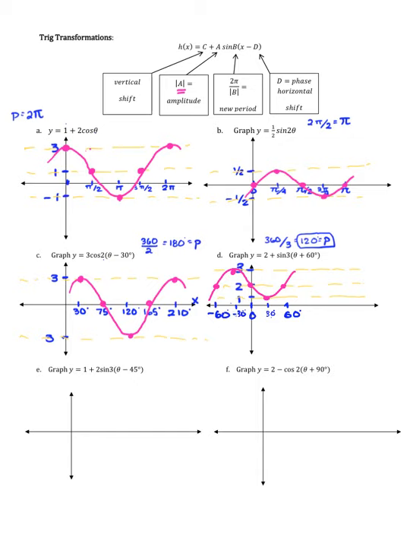So down here, we have 1 for our new sinusoidal with an amplitude of 2, so that's going to put me up at 3, down at a negative 1. So now that I have that mapped out, give myself my little dotted lines.